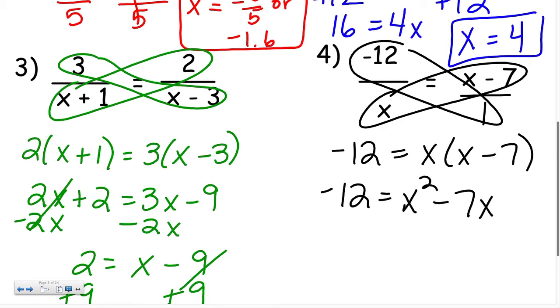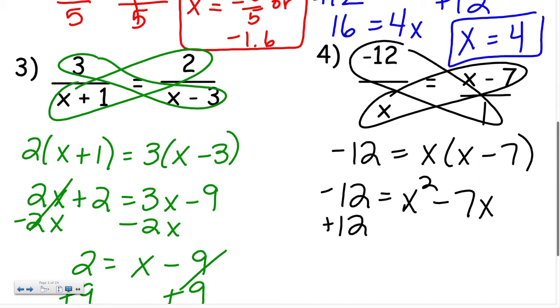Now, we've got an x squared. I can't solve this equation just by moving x's over and simplifying and dividing. When you see that x squared, and it's not going to cancel out with anything, you need to be thinking set it equal to 0. So we can do the x method or factor it some other way.